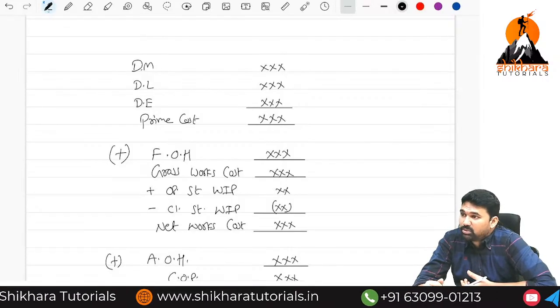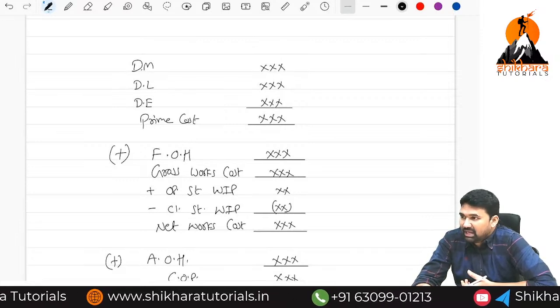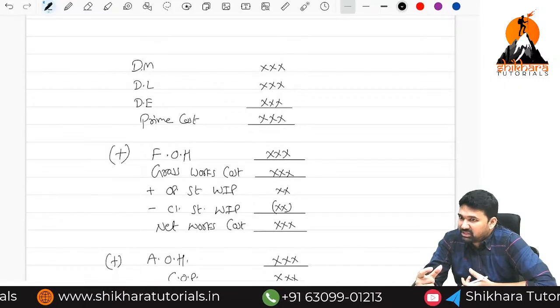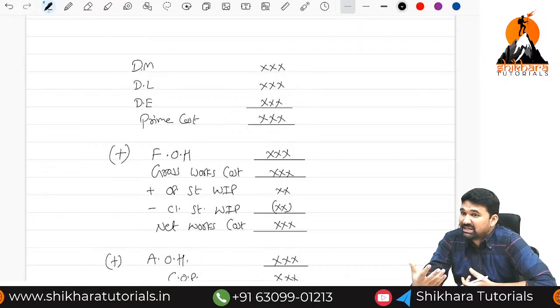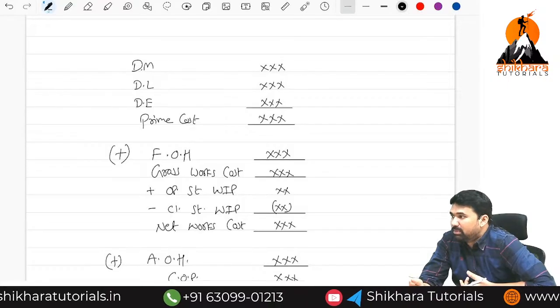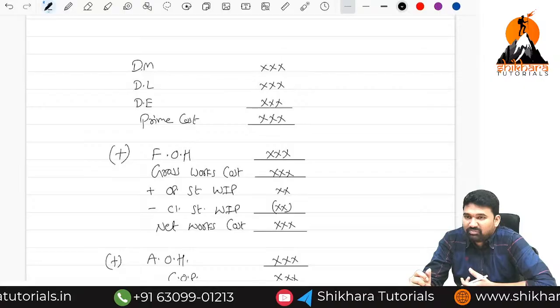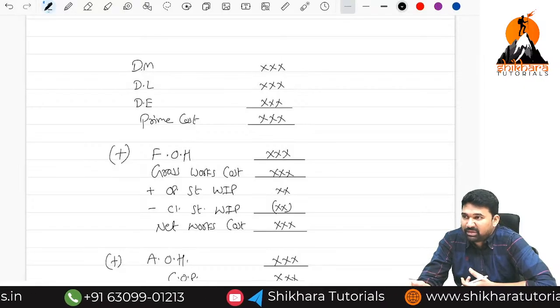The examiner will try to test the students on their knowledge of cost sheet. If any cost sheet problem is given, it won't be for small marks, say 3 marks, 2 marks, 4 marks, at least 5 marks. No, minimum 7 marks. If any large problem is given, it will be rewarded with minimum 10 to 12 marks.